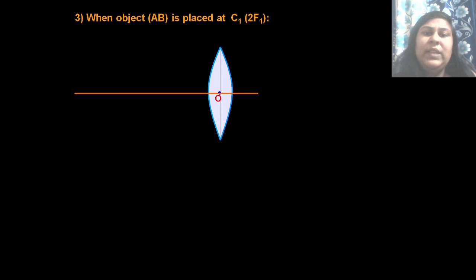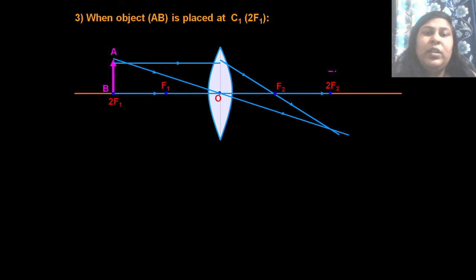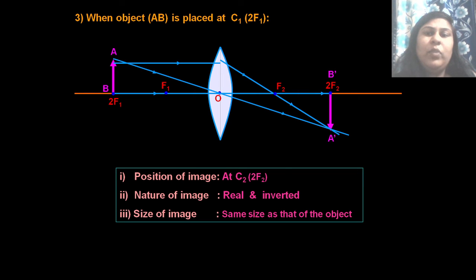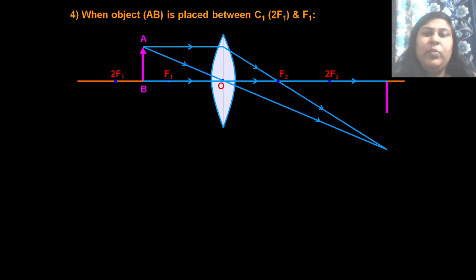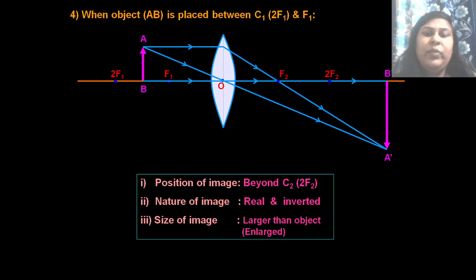You can see it is pointing upward, the image pointing downward, so the image is inverted and smaller than the object. When the object is placed at 2F1, similarly at the center of curvature, two rays are taken, so the image is formed at 2F2, of the same size, real and inverted. When the object is between 2F1 and F1, then the image is formed beyond 2F2.